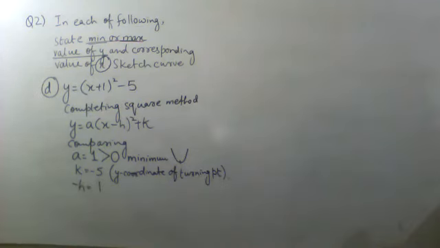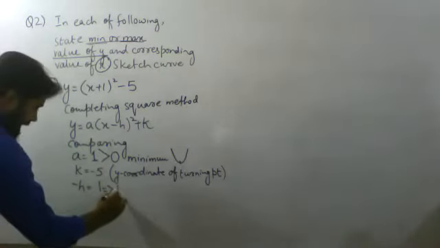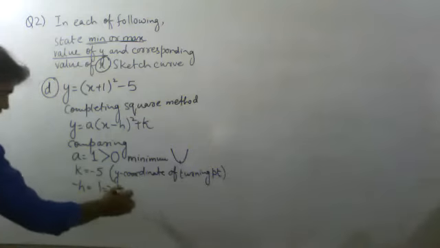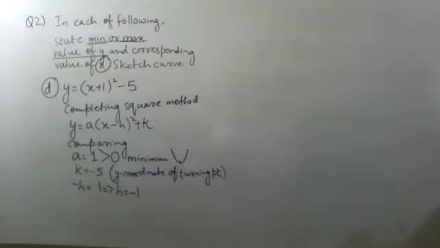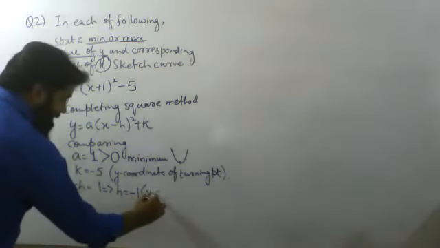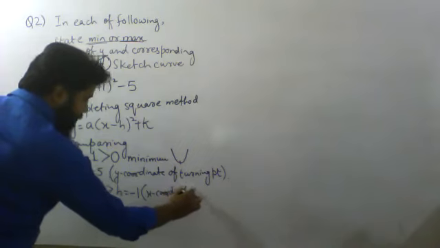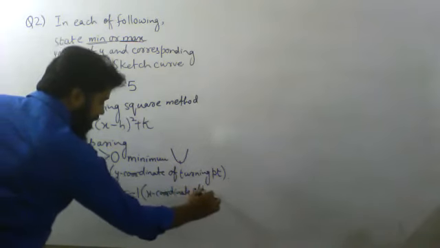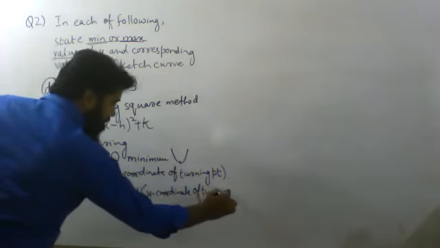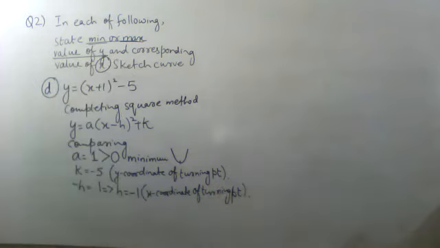So I will shift the minus sign over here. The value of h is minus 1, which is the x coordinate of the turning point.